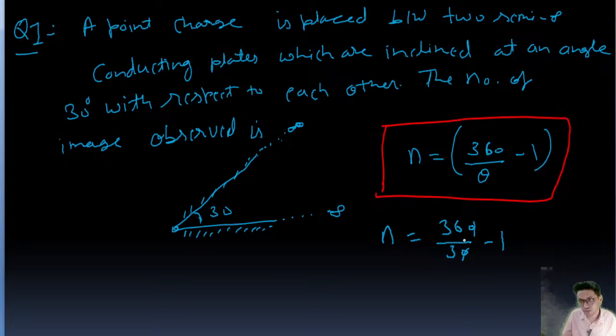The zeros get cancelled, so it is 12 minus 1. So the value of n is 11. The total number of images is going to be 11. This was a GATE question, guys. So this is done. You need to note down this formula for finding the number of images.